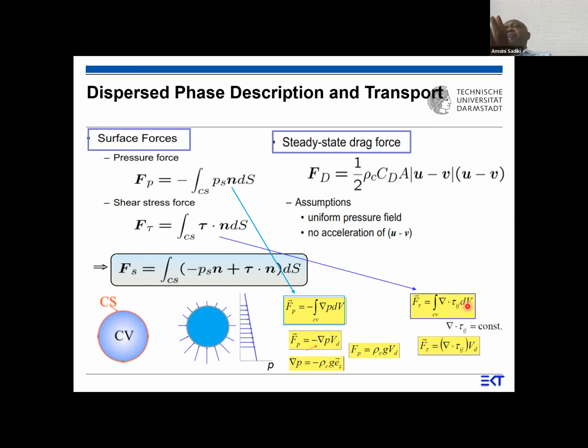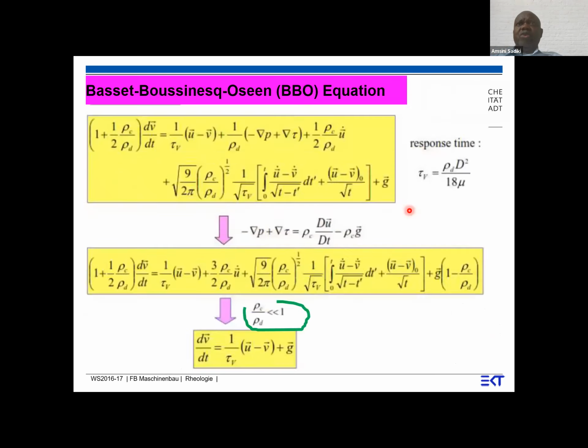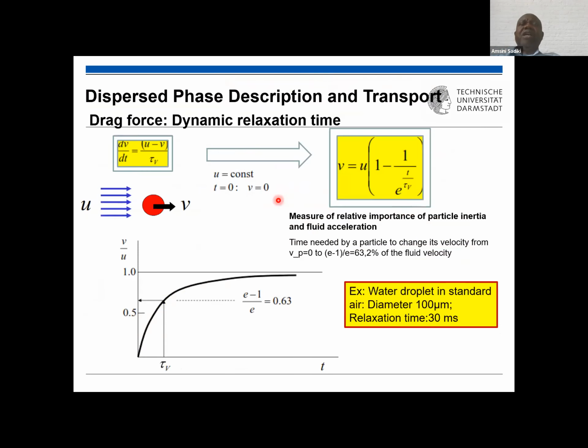But we can also have other forces, like the drag force, what we know, if the particle is in interaction with a flow which is uniform. And we have no acceleration, and we know that we have to deal with this drag force. This drag force is provided by this expression of the surface. Let me show you. I think I have it somewhere here. So we have exactly this.